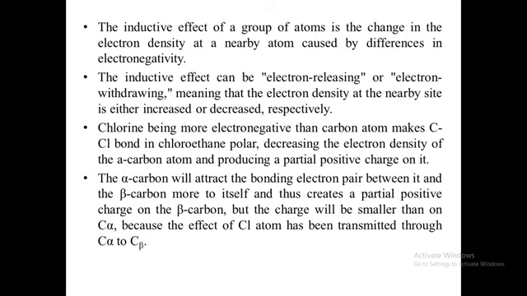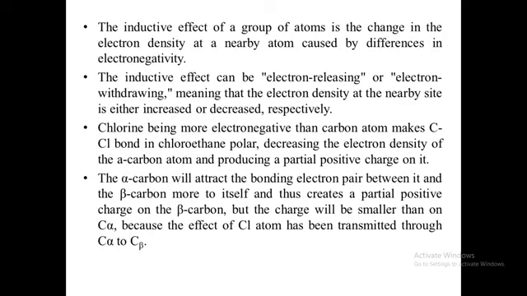The inductive effect of a group of atoms is a change in electron density at a nearby atom caused by a difference in electronegativity. The inductive effect can be electron releasing or electron withdrawing.